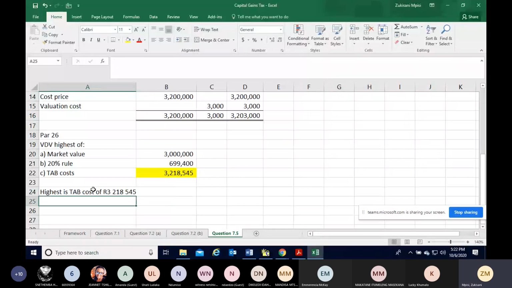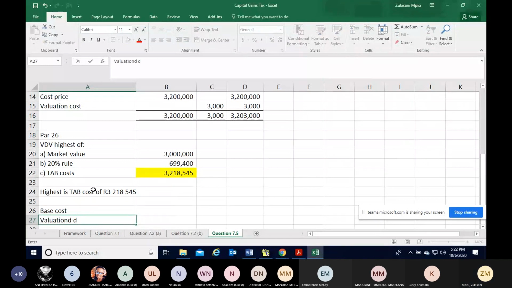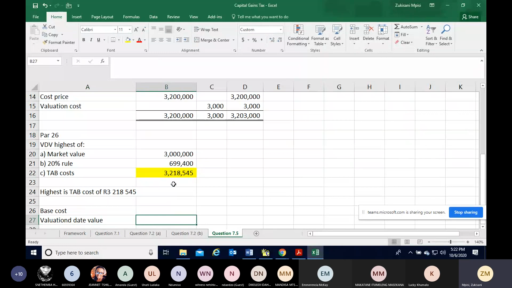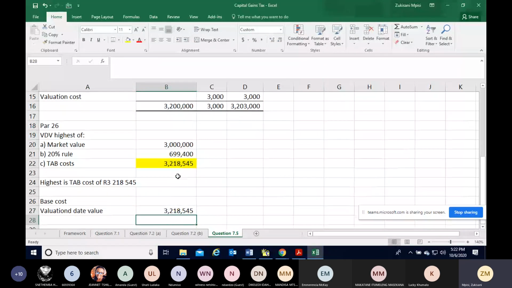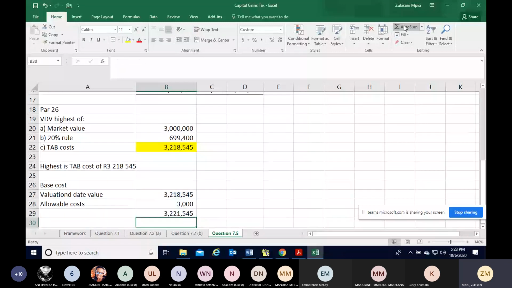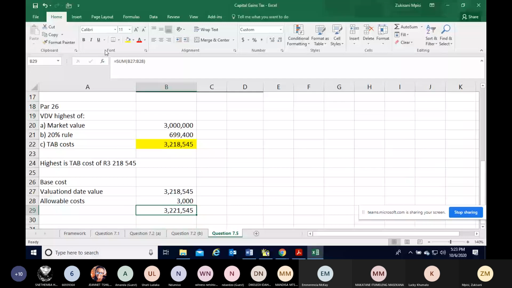Right, then we move on. It's easy now to do the calculation for the base cost, because all we need to do now is to say valuation date value, which in this case would be 3,218,545 plus allowable cost. Allowable cost is cost incurred after or on the 1st of October 2001, which gives you 3,221,545.